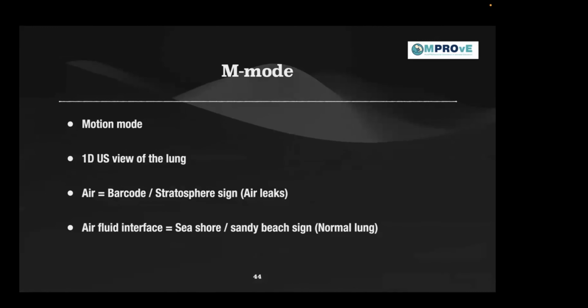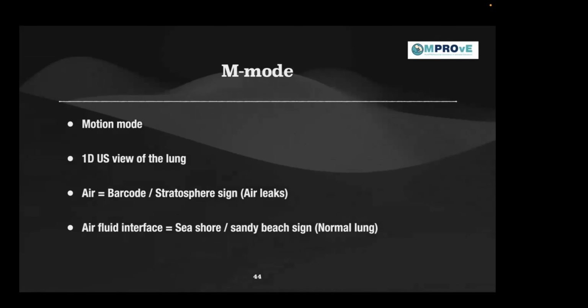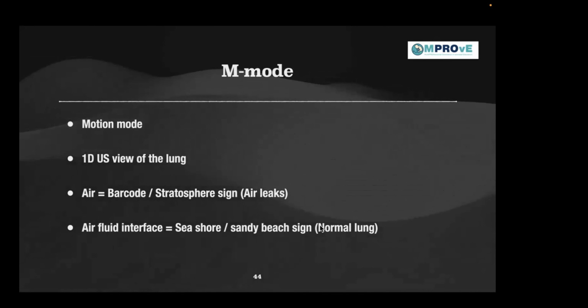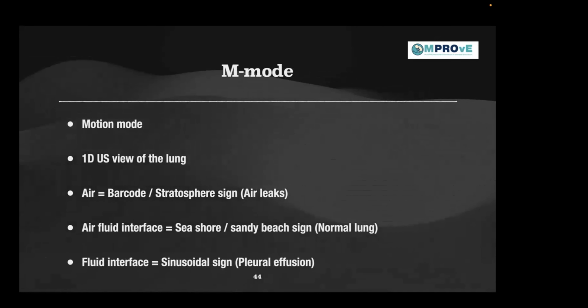And if you have an air and fluid interface, which is normal in the lung, or in pathologies like RDS and TTNB, you will see a seashore or a sandy beach sign. It could be in the normal lung or in the pathologies where the lung is filled with fluid, or in the interstitial areas.